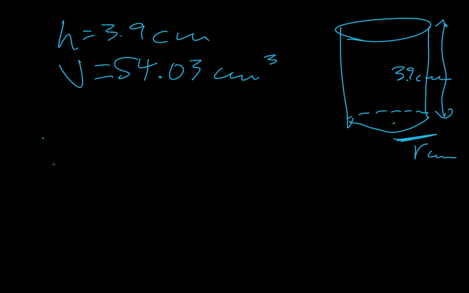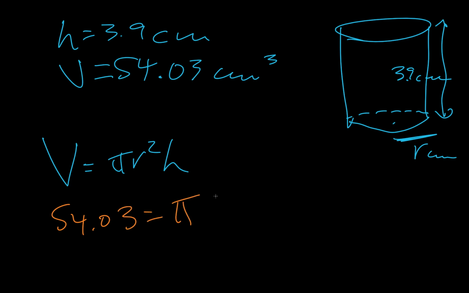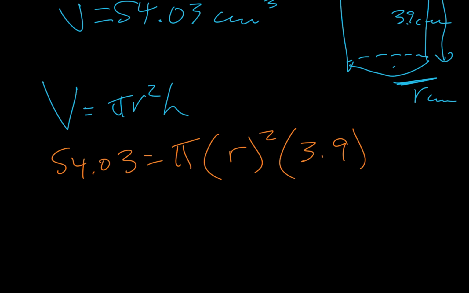So the volume is pi r squared times height. We know the volume is 54.03. We don't know the radius, but we know the height is 3.9. So we want to solve for r.